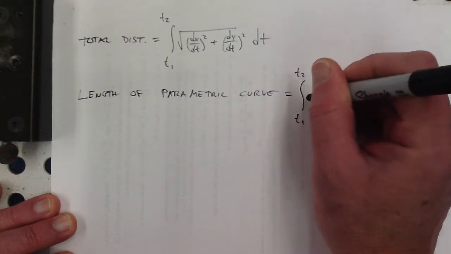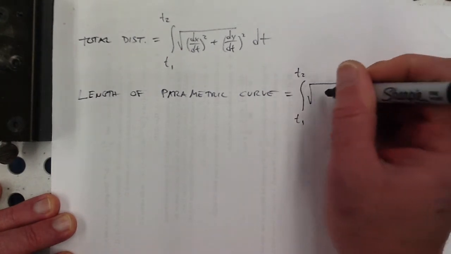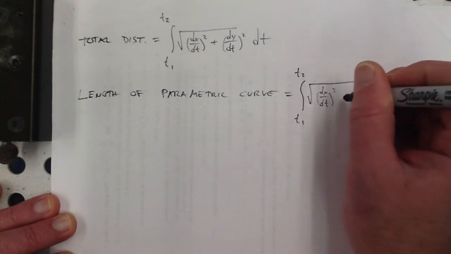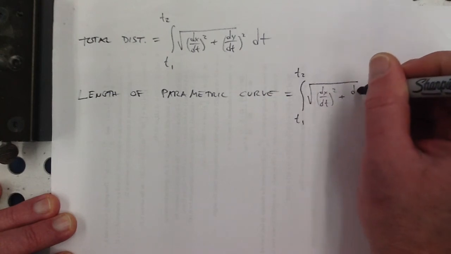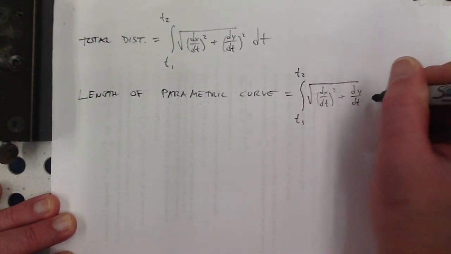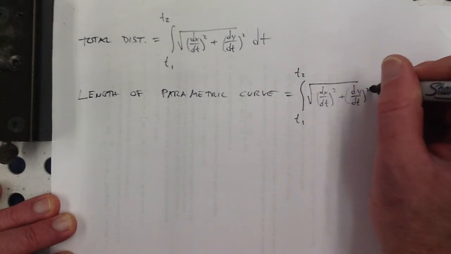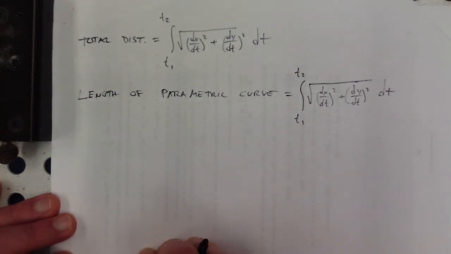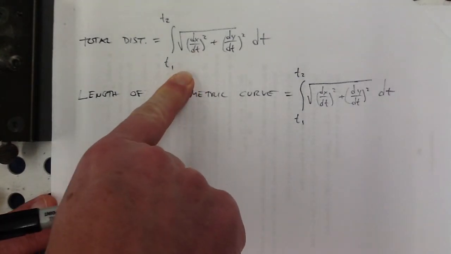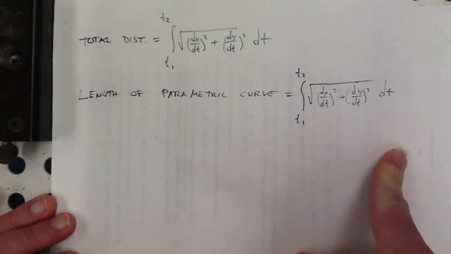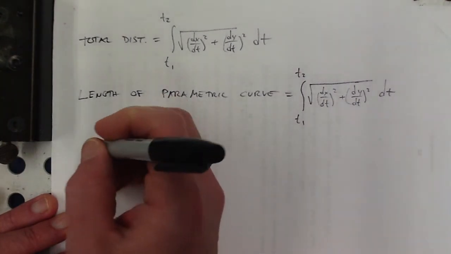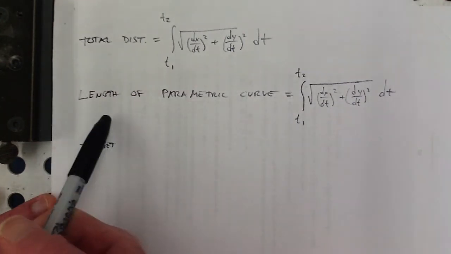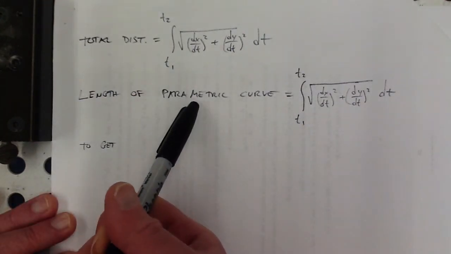And then by doing a very, very basic substitution, what about like a y equals f of x function? Like what if we wanted to find the length of a regular curve, not a parametric curve?